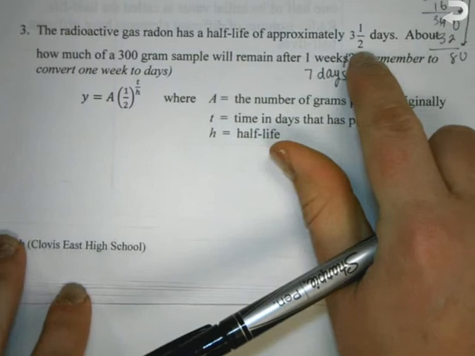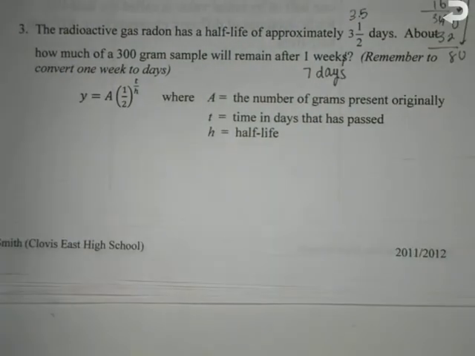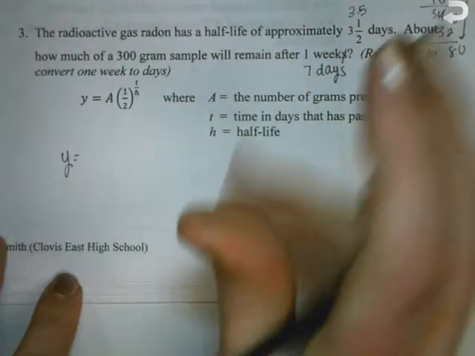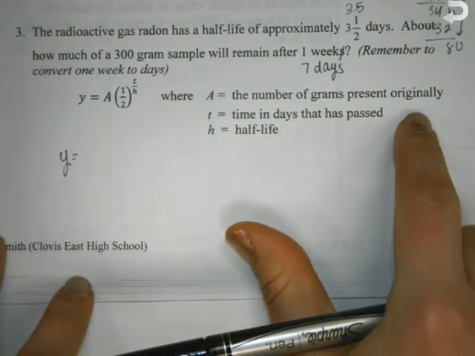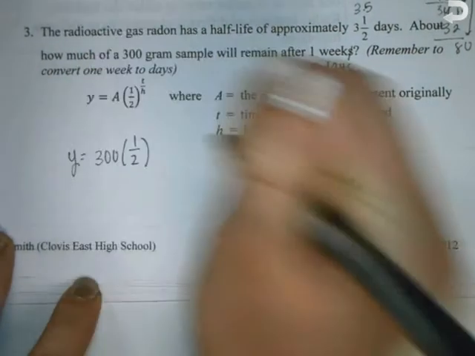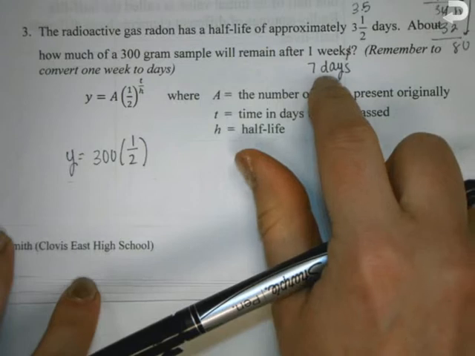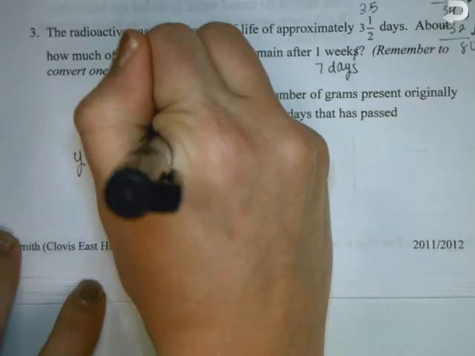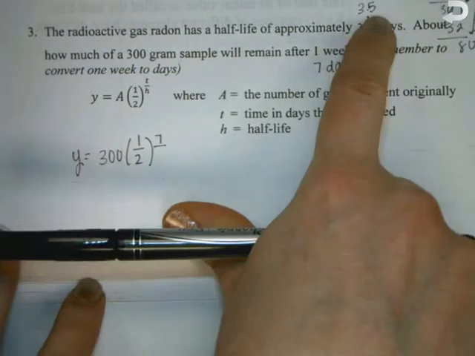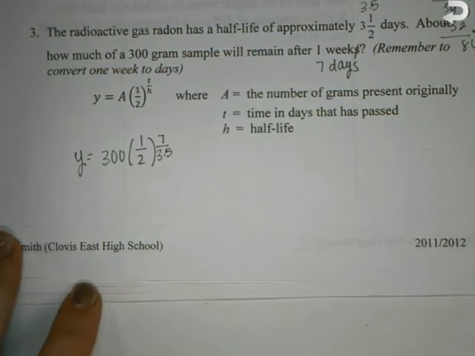Y equals, what's A? The number of grams present originally. 300 times 1/2. T, time in days that has passed. So that is 7, right? Over, half-life is 3.5. Oh my gosh, this one's going to come nice. So this is Y equals 300 times 1/2. What's 7 divided by 3.5? 2.